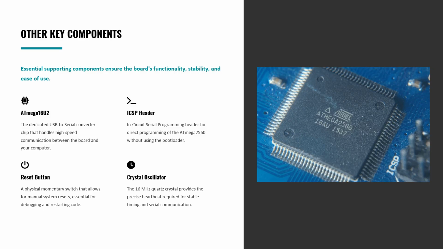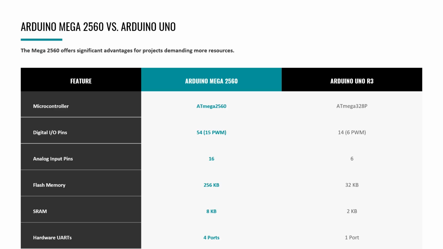Arduino Mega versus Arduino UNO. When comparing the Arduino Mega with the Arduino UNO, the Mega clearly offers significantly greater resources. For example, the Arduino Mega provides 54 digital pins, while the UNO offers only 14 digital pins. The Mega has 16 analog inputs, whereas the UNO has only 6 analog inputs.